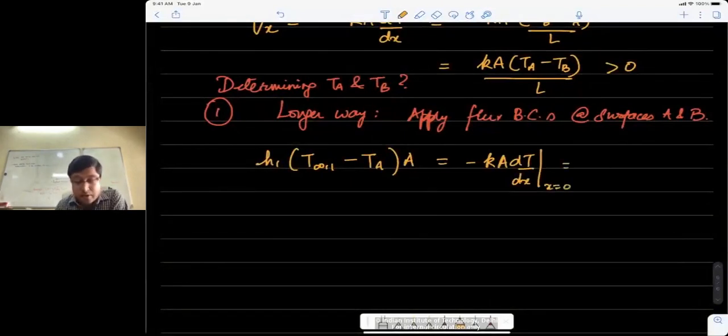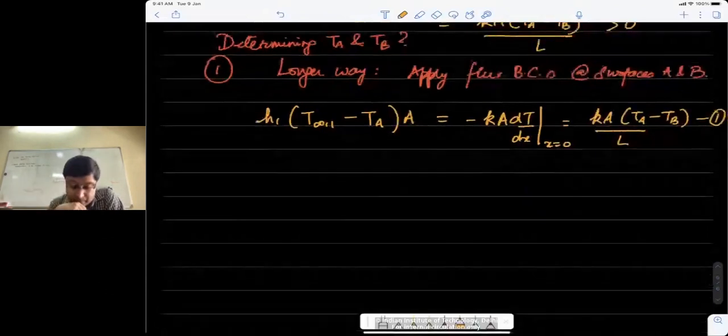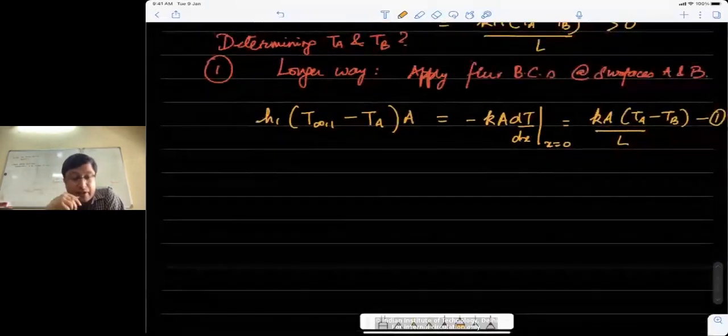It's a different thing that at x equal to 0 or at x equal to L, the flux dT/dx is the same. So we'll get Ka (Ta minus Tb)/L. Let me just say this is equation 1. So this is the first equation in Ta and Tb in terms of other variables that we know.